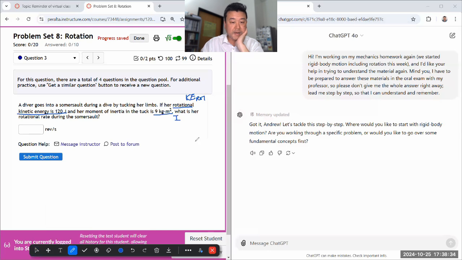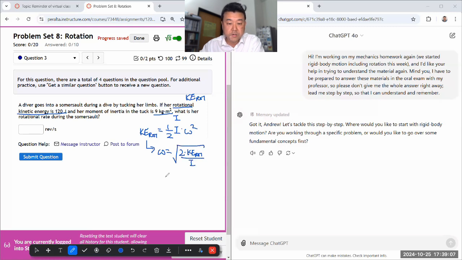Let me call this I. So I feel like I know the expression for rotational kinetic energy, which is given by analogy to translational kinetic energy: 1/2 what's analogous to mass, I, rotational inertia, times what's analogous to velocity, angular velocity squared. So you solve this for angular velocity. Omega is equal to the square root of 2 times rotational kinetic energy divided by I.